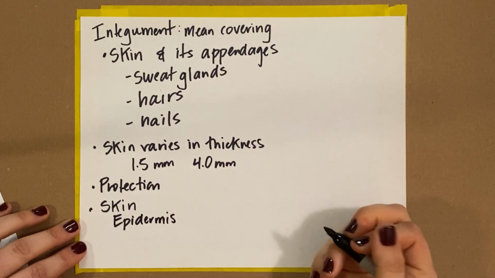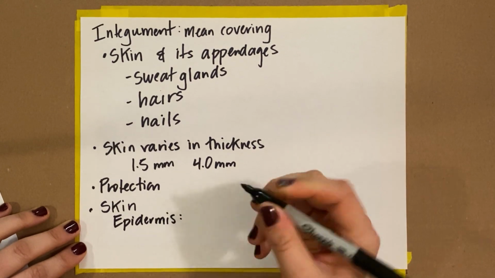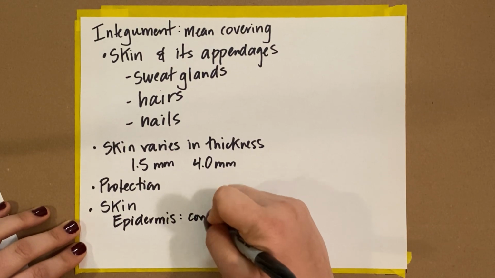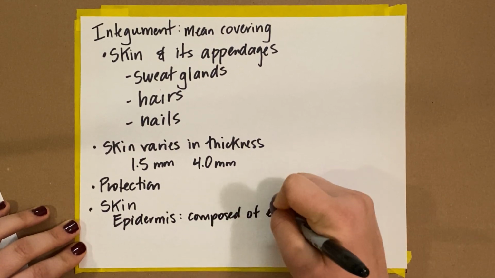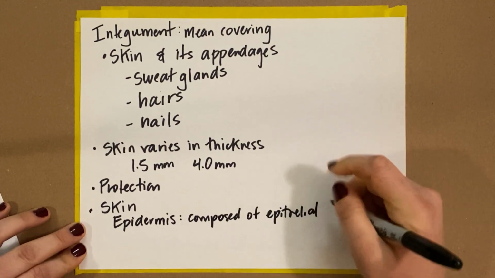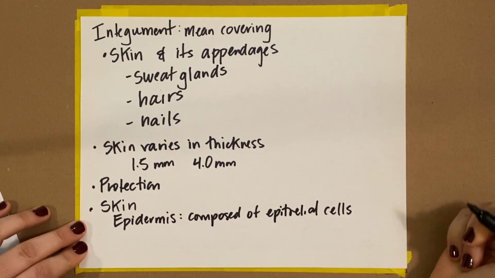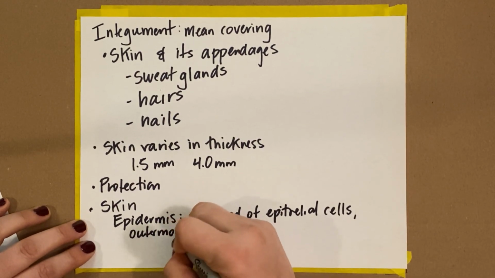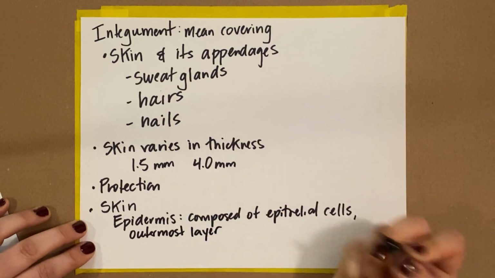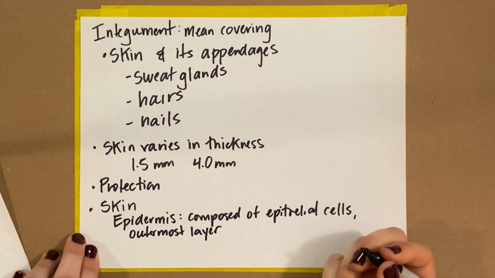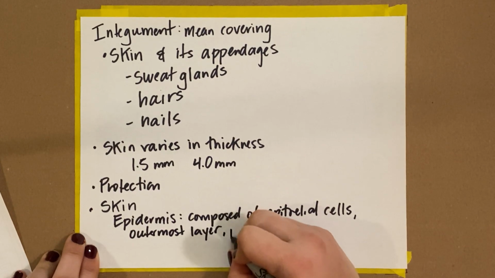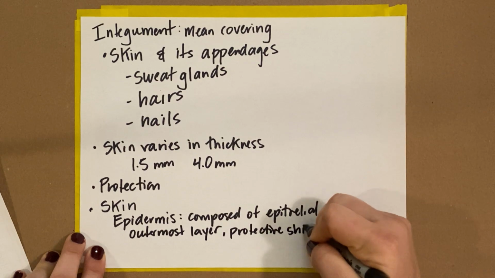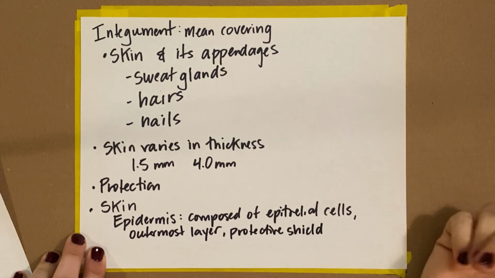The epidermis is composed of epithelial cells, and this is the outermost layer. It is going to mainly act as a protective shield, because it's going to be the first line of defense.